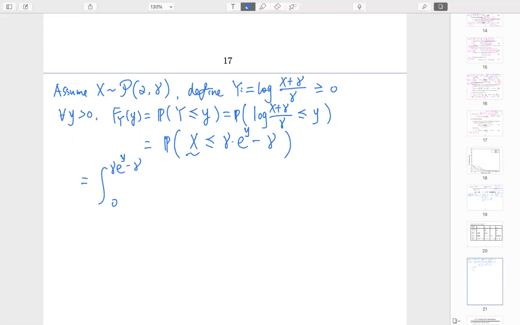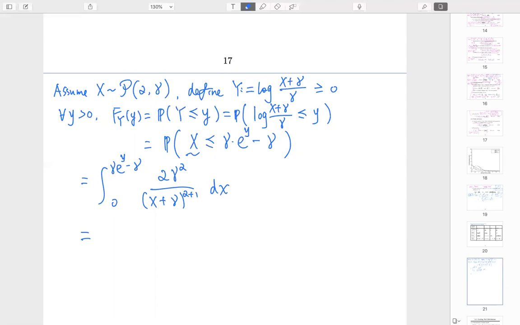So what is the PDF of my Pareto? If you remember, it will be this, and at the bottom is (x plus gamma) to the power of alpha plus 1. This is a power function, so doing the integral is relatively easy.